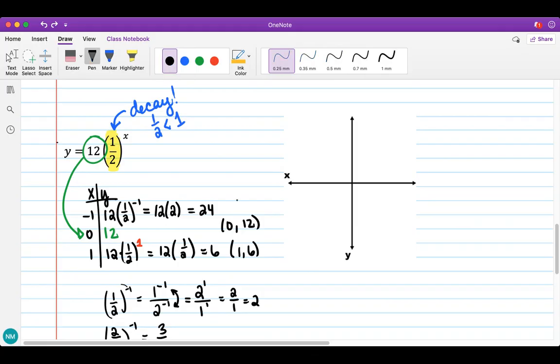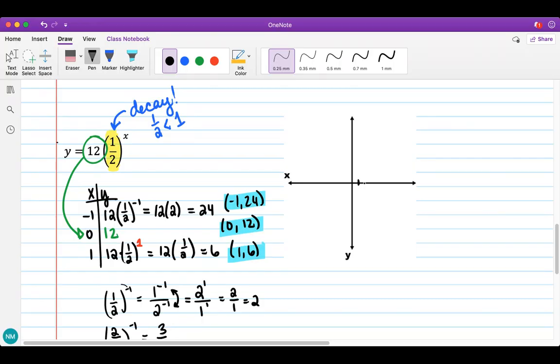So let's see. Let's graph it. So we have -1, 24. Let's graph these 3 points. 1, 2, 3. So this is going to be not the greatest graph ever because it is, let's go by 2s.